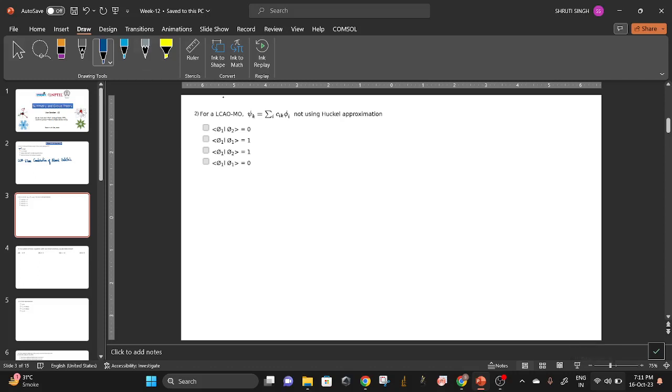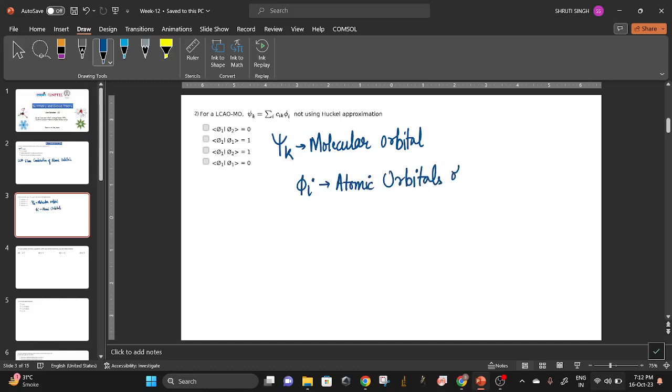So psi_k is a molecular orbital, and it has been formed by some linear combination of phi_i. The phi_i are atomic orbitals of different or same atoms depending upon the molecule.